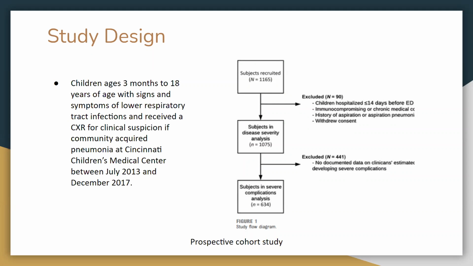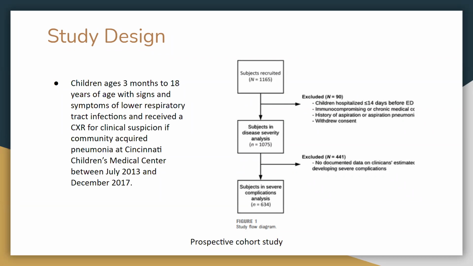They started with a total of 1,165 subjects. They ended up excluding some because they had been hospitalized within the last 2 weeks or something similar. They had some kind of predisposing condition that made them immunocompromised or some kind of chronic medical condition.